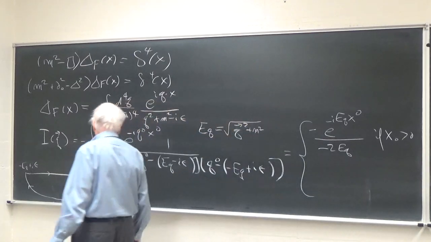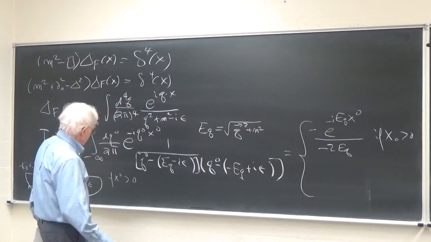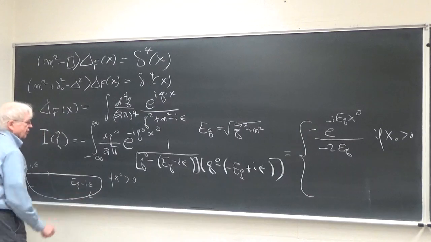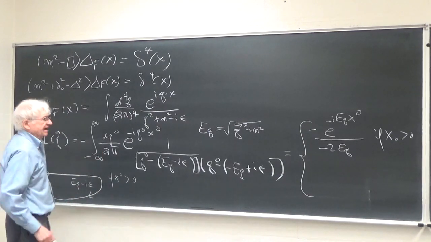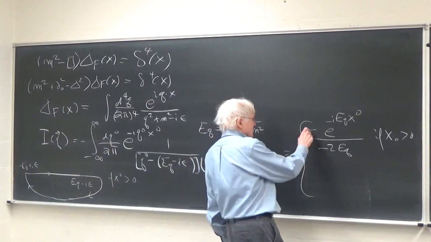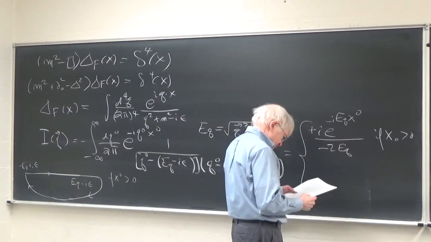On the other hand, there's an overall minus sign because we're going around clockwise. The 2 pi cancels and there's an I. So plus and then an I.